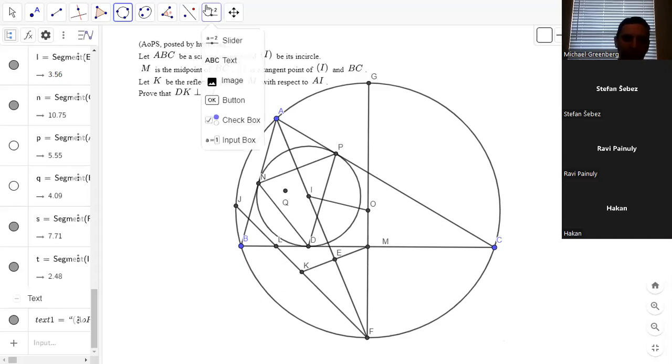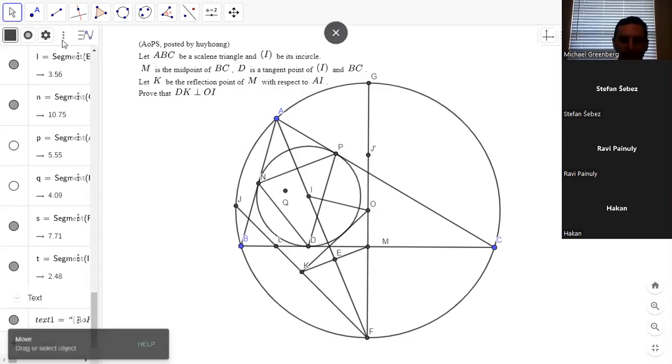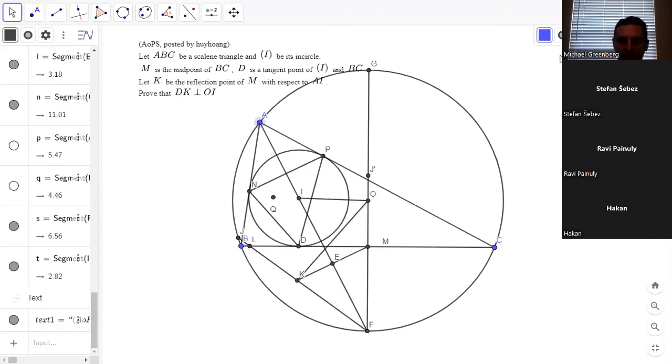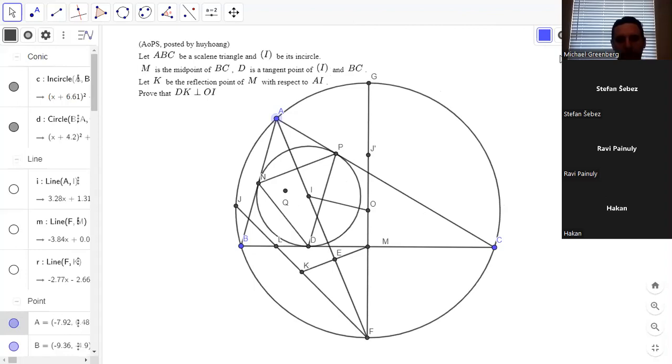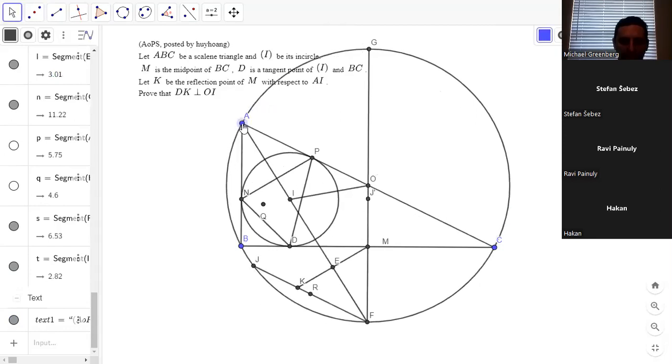Let me try this again. So I reflect J over AI. I get that point. Is there anything special about that point? Is K, wait, okay, so by symmetry, these all concur, right? So maybe that helps. Oh, is that, no, that's not true. I doubt that K is the midpoint of, yeah.